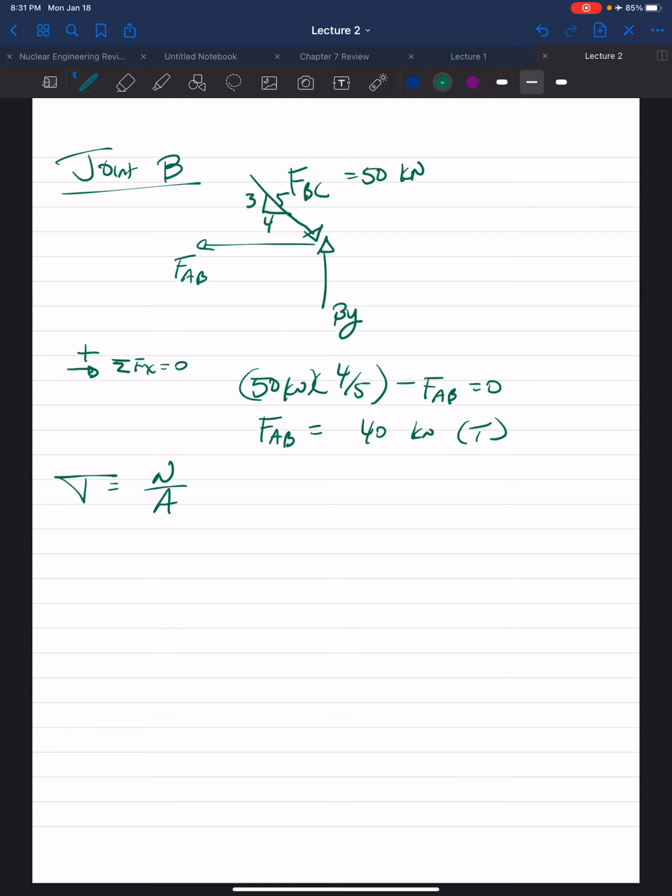So the area of each bar of the truss is pi r squared, or pi over 4 d squared. And d was given as 0.02 meters.